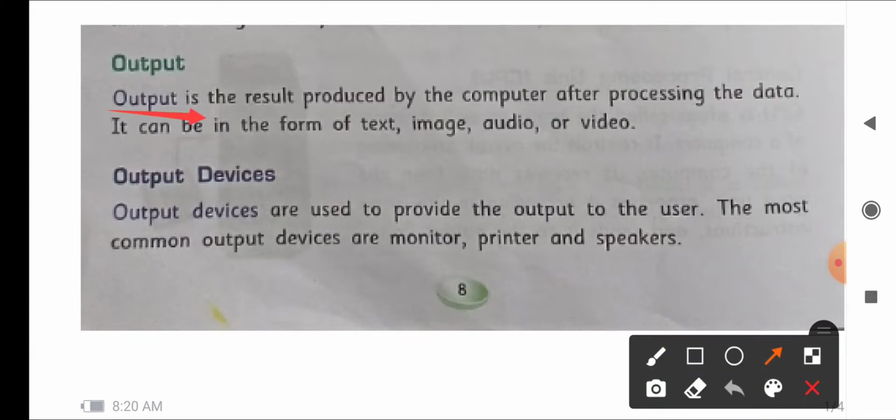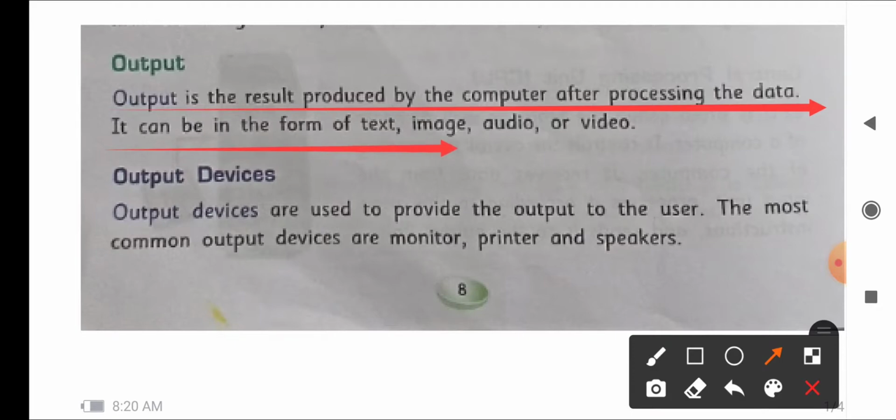Output is the result produced by the computer after processing the data. It can be in the form of text, image, audio, or video. Whatever input we give to our computer system, the computer system processes it. What is written over here? Processing.